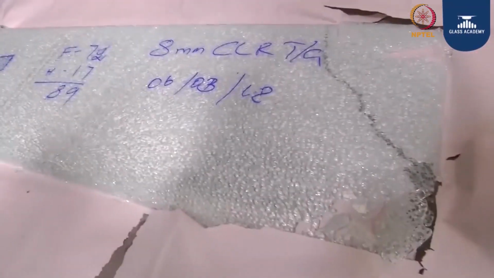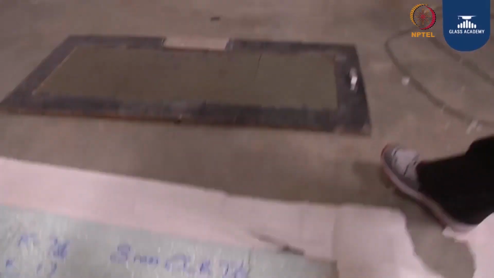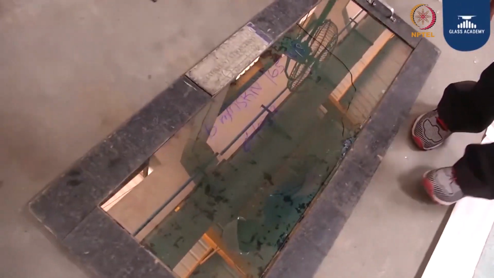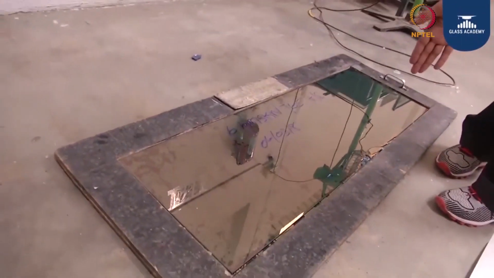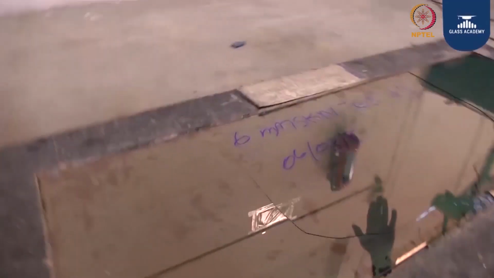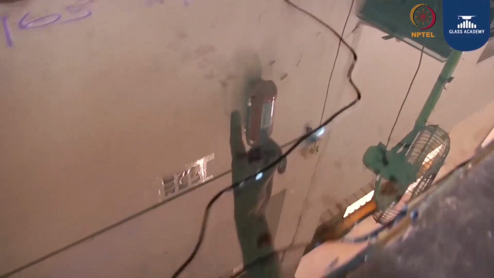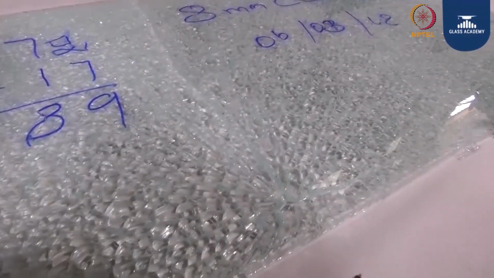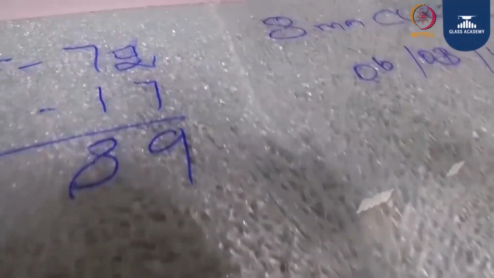Whereas if you see a heat strengthened glass, from the impact point, the crack will end at the opposite edge, which describes it is a heat strengthened glass. The same thing, when you see a toughened glass, when I impact, you can find small granules of particles known as fragments.